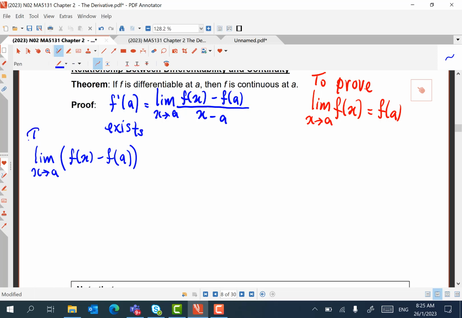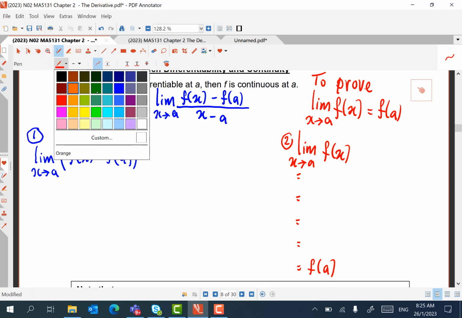For step 1, we are going to start off with this line. And later on in step 2, we are going to start off with this other line. This is our aim of step 2.